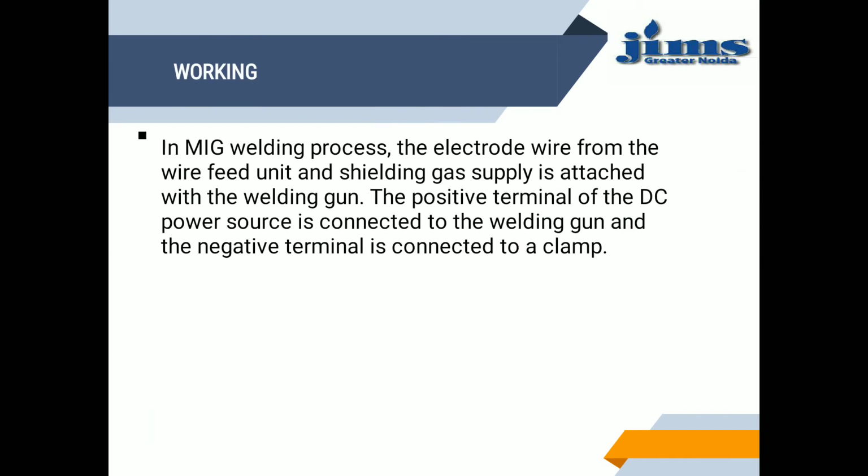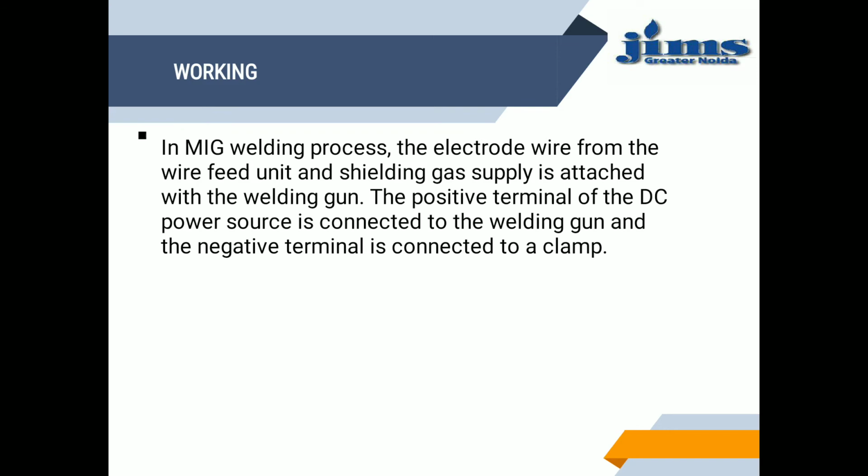In the MIG welding process, the electrode wire from the wire feed unit and the shielding gas supply are attached to a welding gun or welding torch. The positive terminal of the DC power source is connected to the welding gun or torch, whereas the negative terminal is connected to the clamp.